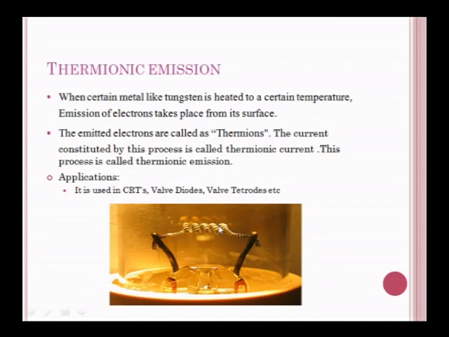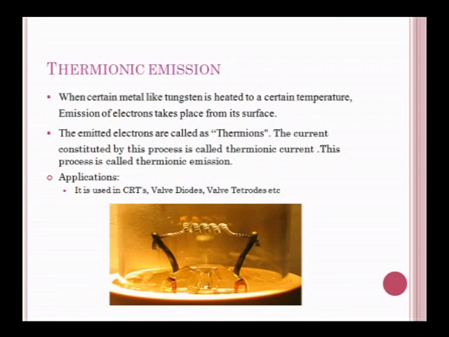These emitted electrons are called thermions. The current constituted by this process is called the thermionic current, and this entire process is called thermionic emission. This effect was earlier found in the Edison bulb, and thermionic emission has very important applications.